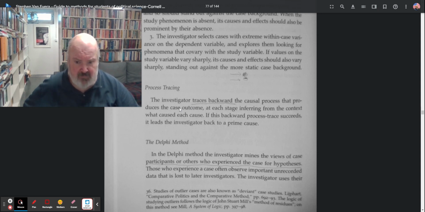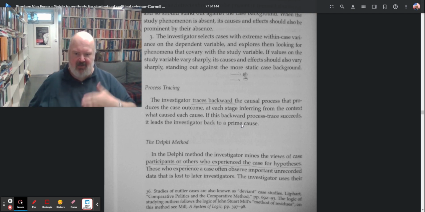Process tracing: the investigator traces backwards the causal process that produces the case outcome, each stage inferring from the context what caused each cause. If this backward process trace succeeds, it leads the investigator back to the prime cause, and this is what we're looking for.